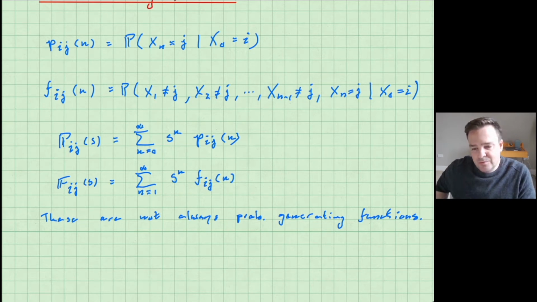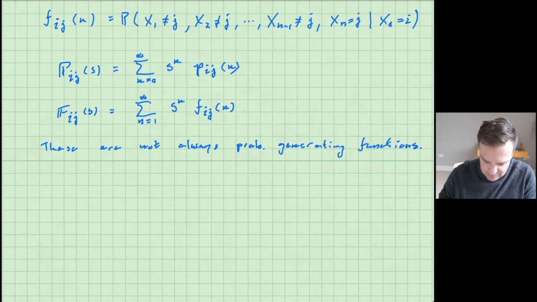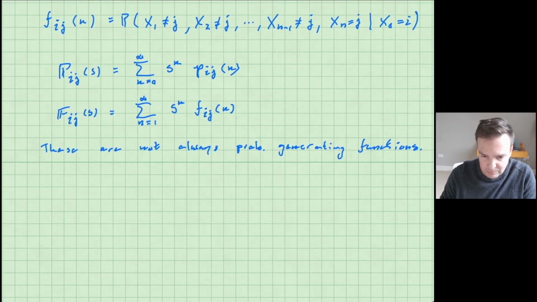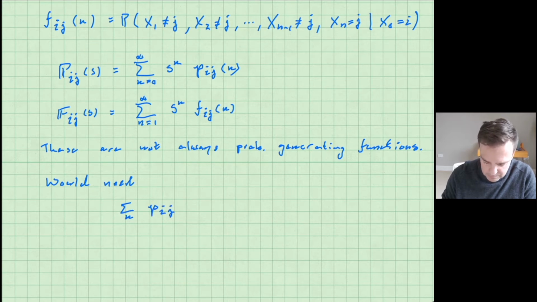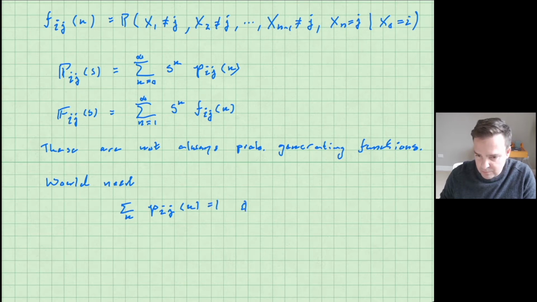The rules for this to be a probability generating function are like this. We would need the following for both f and p. These are the rules for these to be probability generating functions. We would need that when you sum them all up, this is 1, and we would need this to be true too.